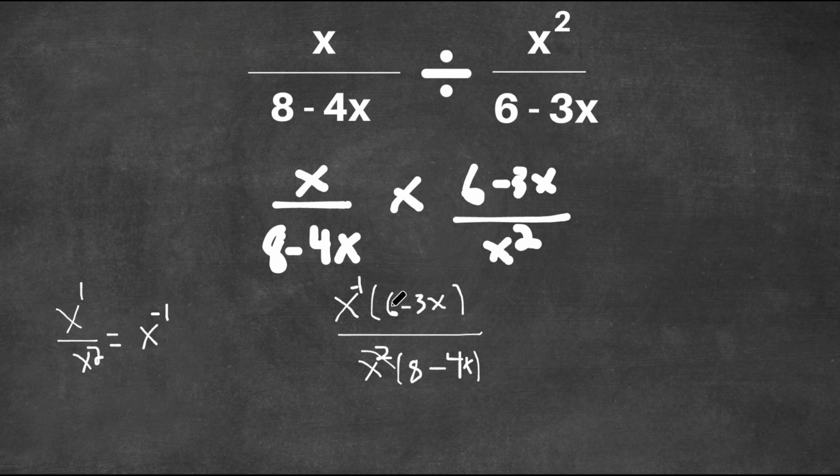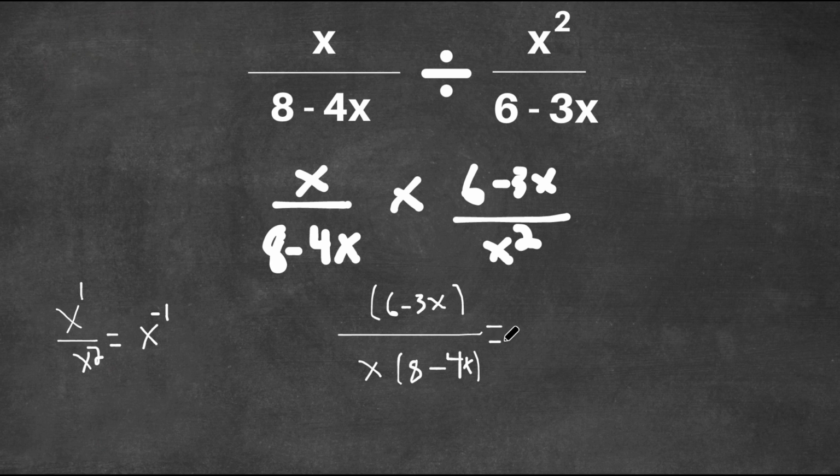So then we could simply write this as (6 minus 3x) over x times (8 minus 4x). So the x to the power of negative 1 comes down and changes to an x.